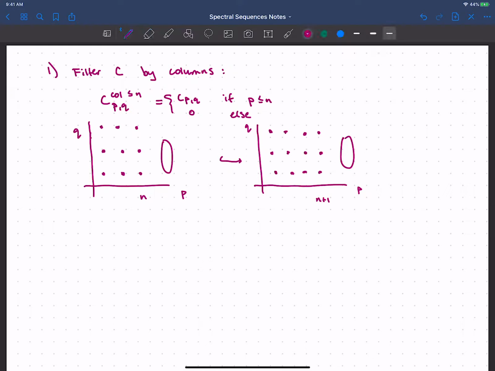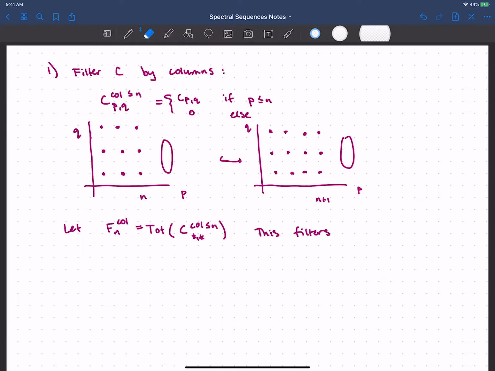I want to take this filtration on the columns, so what am I going to do with it? Let F_n C, again not standard notation, but this helps me remember, be the total complex of this filtration of my double complex. So I look at C^{*,*}, but then I only take the nth filtered piece.